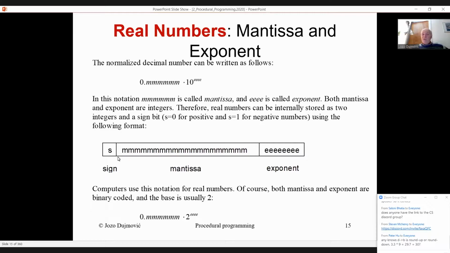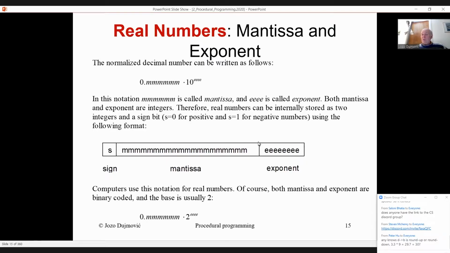Therefore, the internal format of real numbers looks like this. You have the sign, which can be plus or minus, coded as 0 or 1. 1 means that this is a negative number. 0 means that this is a non-negative number, so either positive or 0. And then you have the Mantissa. These are binary digits that are stored in this area, and then you have the Exponent.